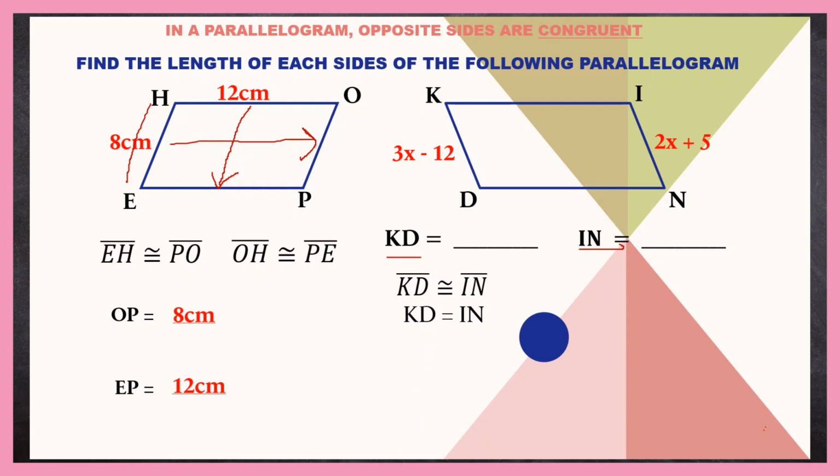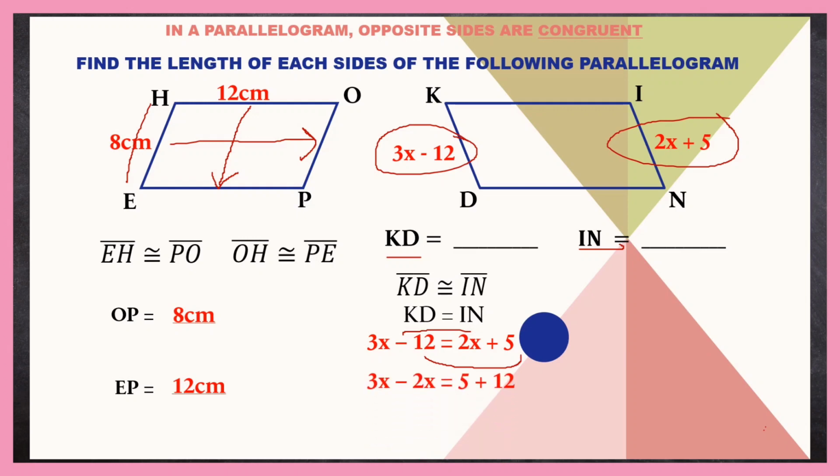Then let us substitute 3x minus 12 and x plus 5 in the equation. So we have 3x minus 12 equals x plus 5. We will transpose positive x to the left and then transpose negative 12 to the right. So the new equation is 3x minus x equals 5 plus 12. Then combine like terms, the value of x is equal to 17.